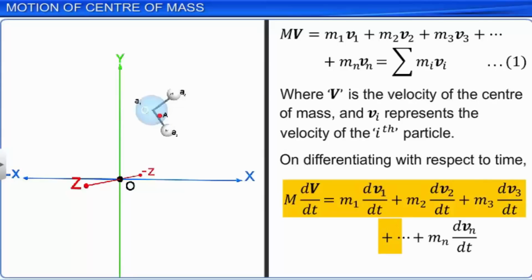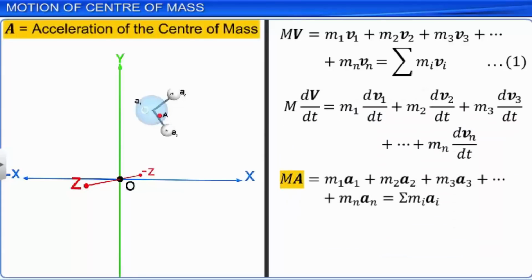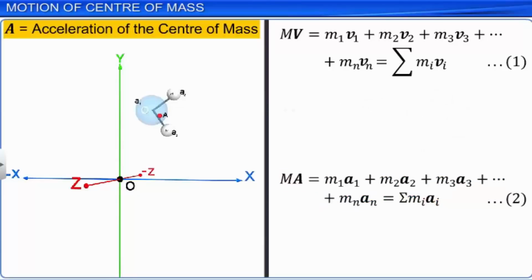MA is equal to m1a1 plus m2a2 plus m3a3, and so on, plus mnan, which is equal to sigma of miai. Let this be equation 2, where A is the acceleration of the center of mass and ai represents the acceleration of the ith particle.